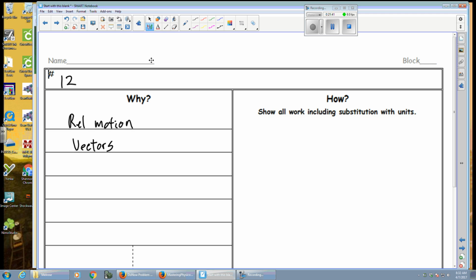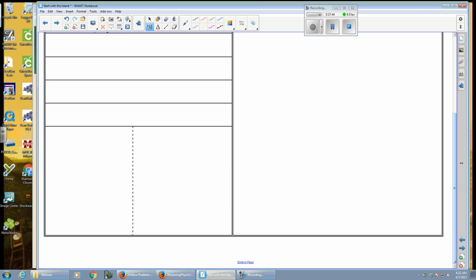But I think what we need to crucially get to is the diagram. So I'm going to draw my river this way and say the velocity of the river with respect to the shore is that direction. My swimmer wants to go in this direction, so that's the velocity.